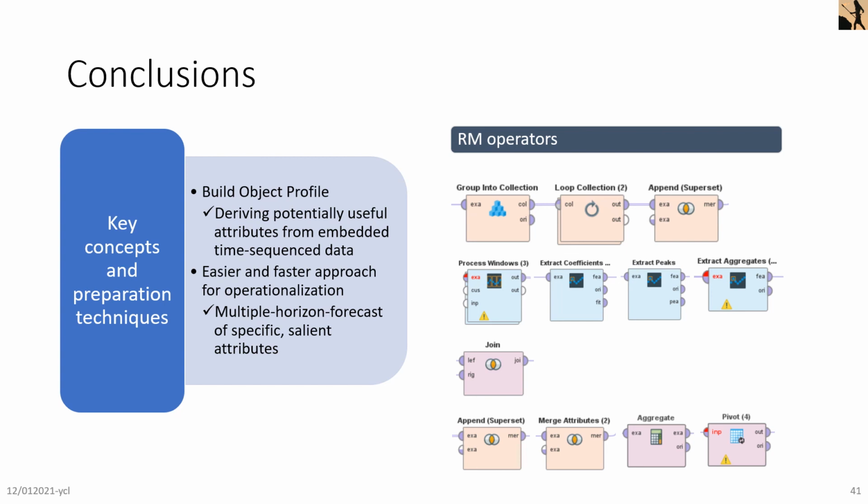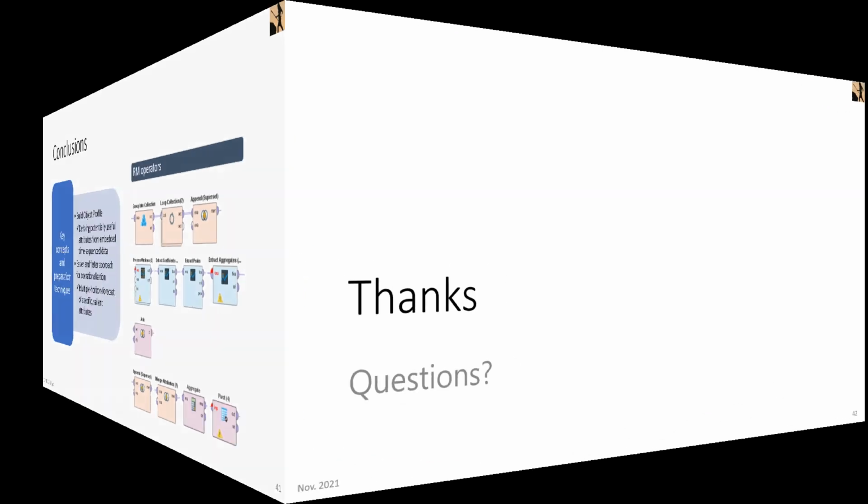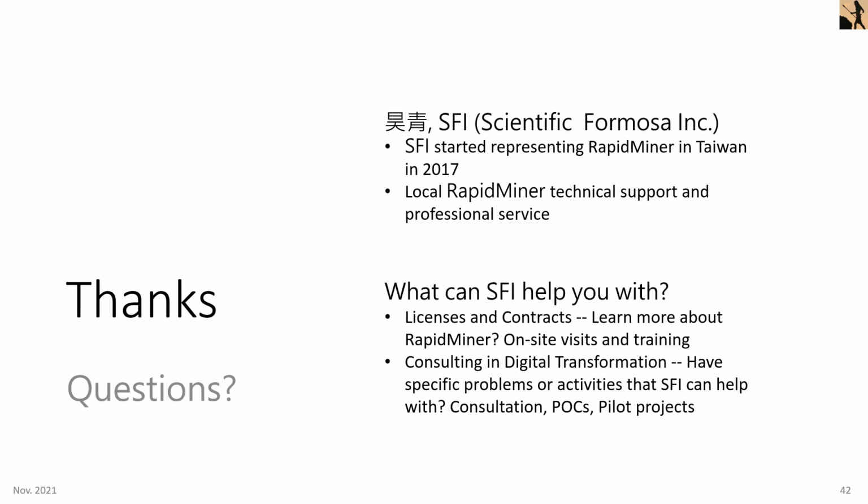So as for append, you probably learned some difference between appending the superset or the merge attribute, and the aggregates and the pivot. That's a lot of important operators for you to get the basic idea and be familiar with. Okay, thank you very much.